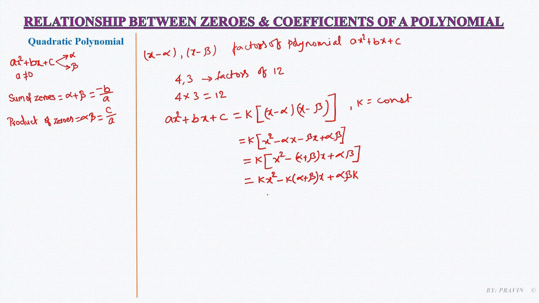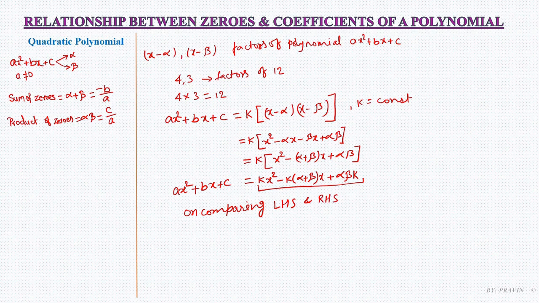So this is the right hand side expression, and in the left hand side you have ax² + bx + c. On comparing the left hand side and right hand side, you will have a = k, because here the coefficient of x² is k, but on this side the coefficient of x² is a.